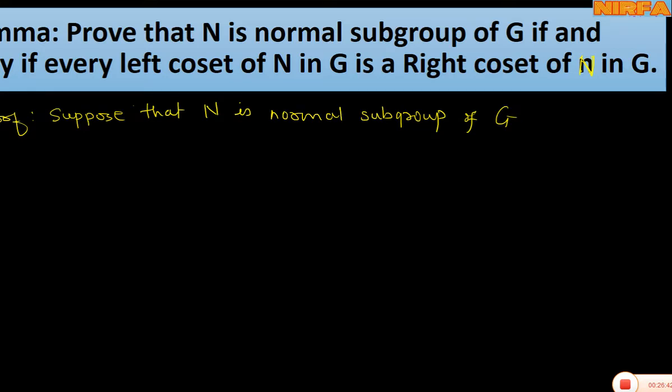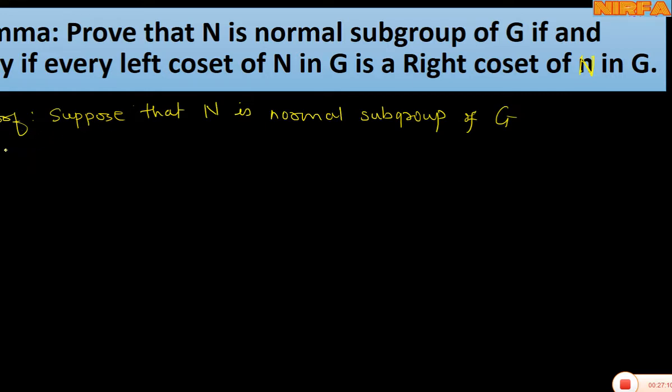In the previous lemma, we have proved that when N is a normal subgroup, then G N G inverse is equal to N. So here we want to show a result related to right coset and left coset. Therefore, instead of taking elements from the definition, I can use the result from the previous lemma. And therefore, I am using that result.